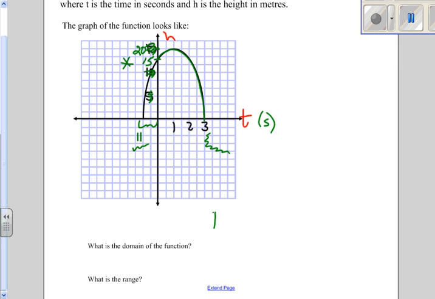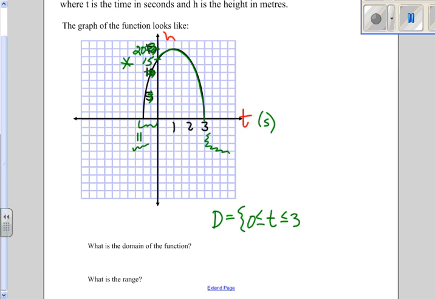So the domain of this particular function, we're using t, we would say that t has to be greater than or equal to 0, initial time. We also notice that once it hits 3 seconds, that ball should be stopped, or at least onto another bounce, because it won't go through the ground.